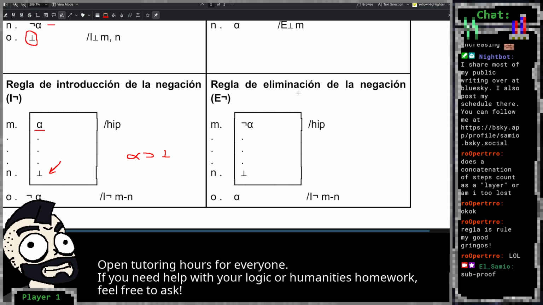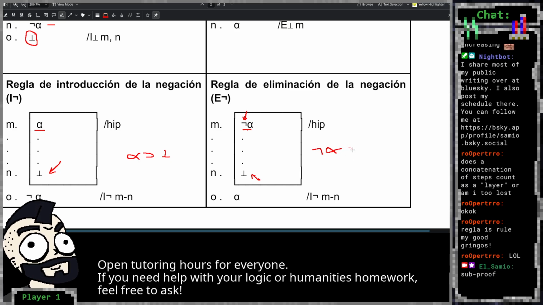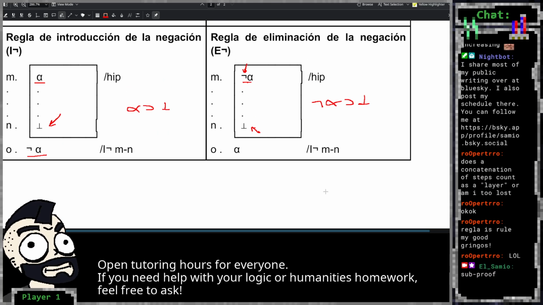And the mirror case applies for the negation elimination. If I start a subproof with a negated formula, very important that it starts negated, and I reach a contradiction in the subproof, then that means that the formula with a negation implies constant falsehood, and that means that the formula without the negation has to be the case.